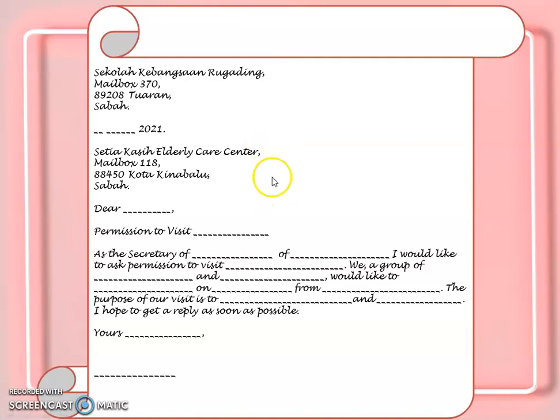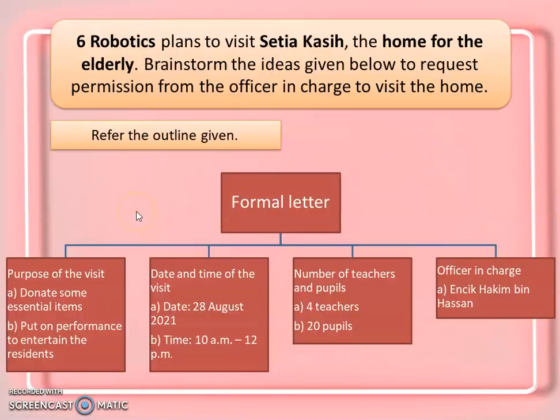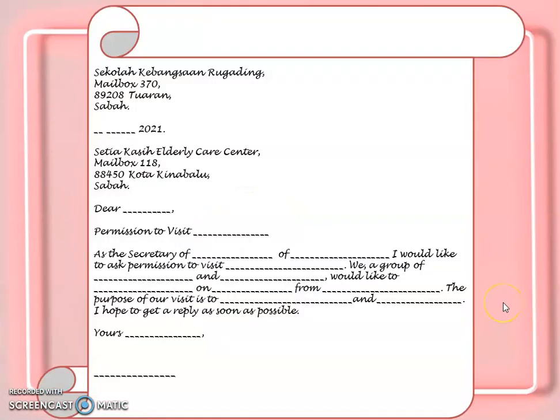I give you already. Okay, and then the salutation. Dear what? Encik Hakim. Dear Encik Hakim. So you put his name there. Dear Encik Hakim, permission to visit what? Where do you want to visit? State the place.